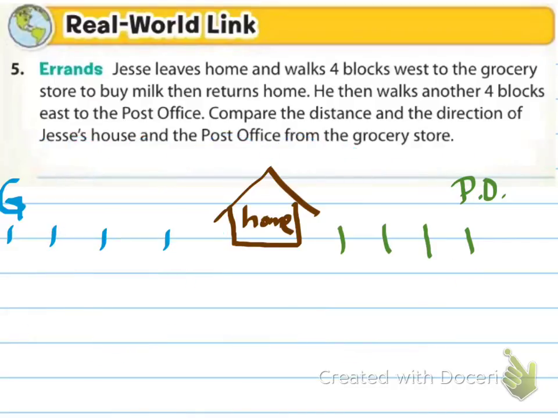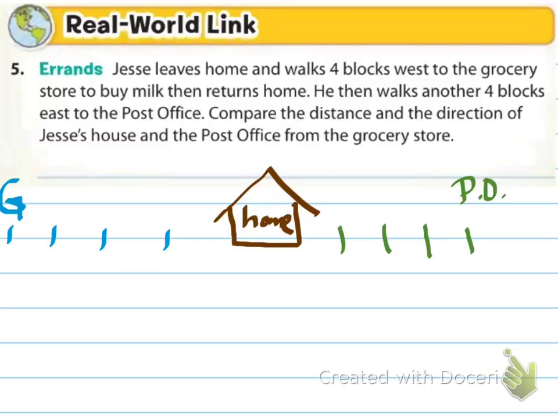All right, so I've drawn this amazing picture. Sorry about that. It says, Jesse leaves home and walks 4 blocks west to the grocery store to buy milk and then returns home. He then walks another 4 blocks east to the post office. So compare the distance and the direction of Jesse's house and the post office from the grocery store.